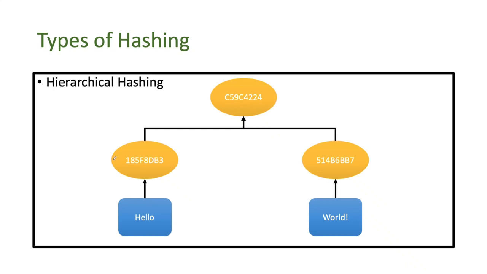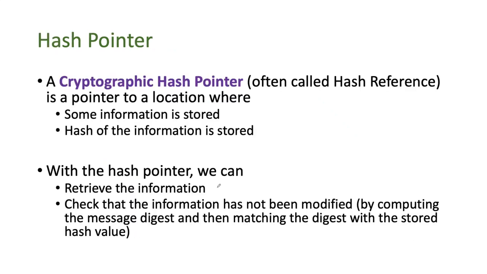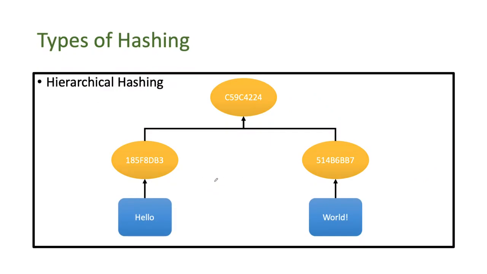So here, see, this pattern is one independent hashing. Then this hash and this hash together generate another hash. So it is repeated hashing. These hashes are generating another hash. Repeated hashing. So these are different types of hashing.